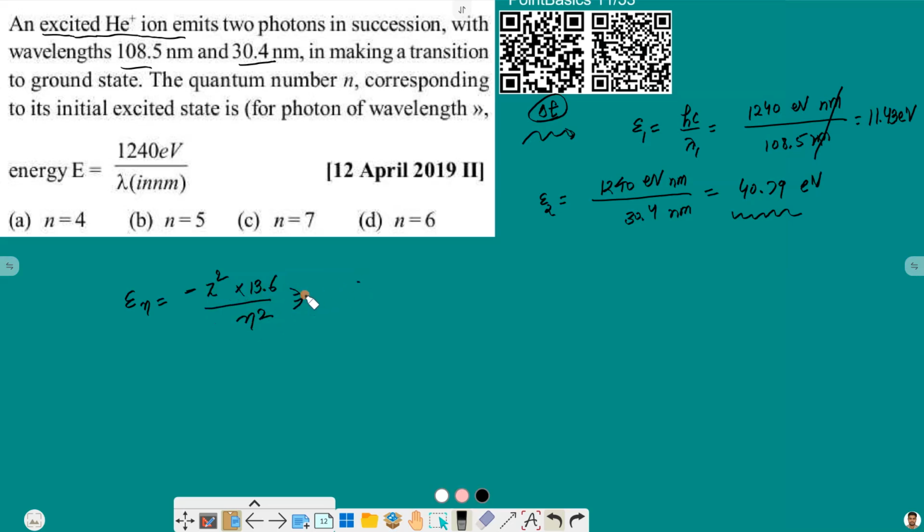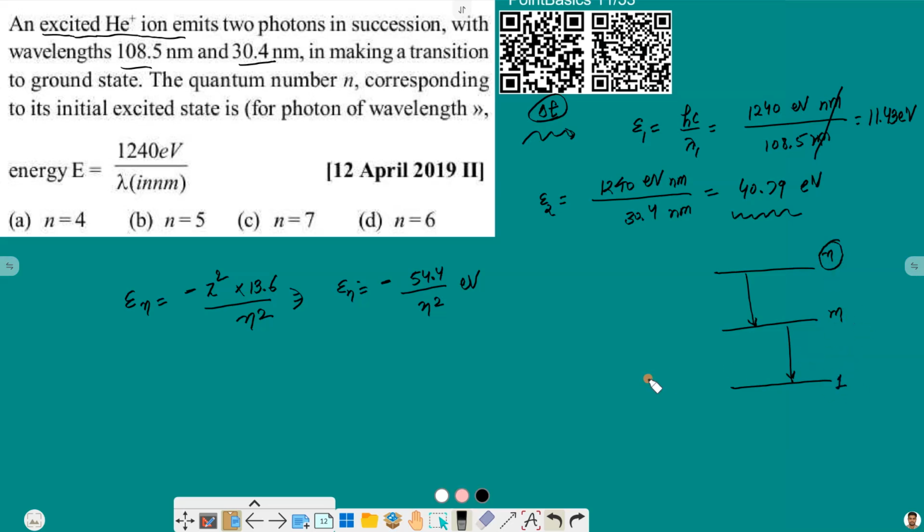So from this, En will be equal to minus 4 into 13.6, that will be minus 54.4 by n square electron volt. So now we have to find levels such that, as these transitions are successive, first transition happens from n to some level m, and then transition happens from m to level 1. These are the successive transitions, and we have to calculate this value n.